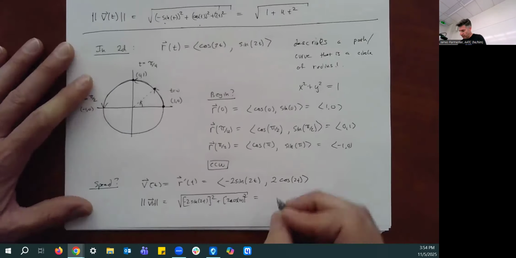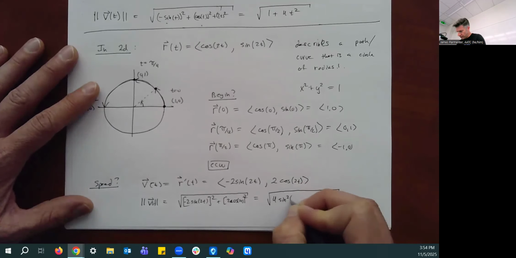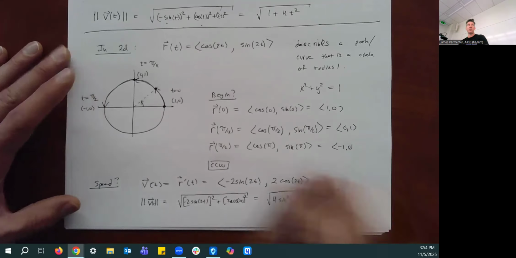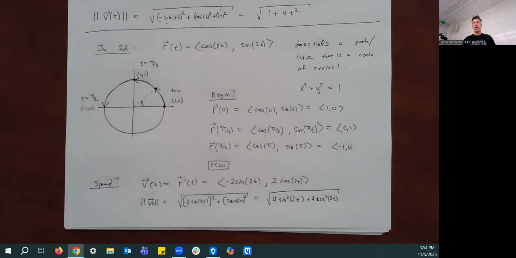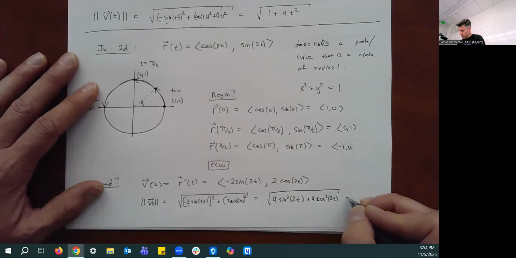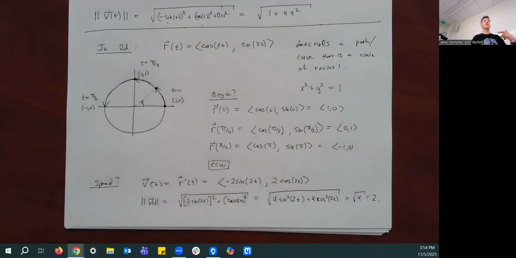Because what we really have here is the square root of 4 sine squared of some angle plus 4 cosine squared of the same angle. You've got your typical sine squared plus cosine squared trig identity. So you have really 4 times 1 inside there, which is the square root of 4, which is 2. So in this particular example, this particle moving around the circle has constant speed, which is kind of interesting. It's kind of noteworthy.